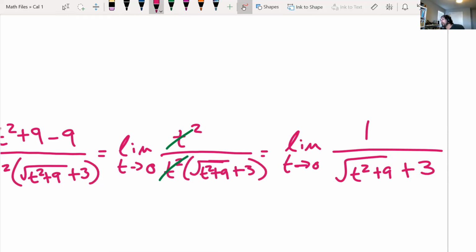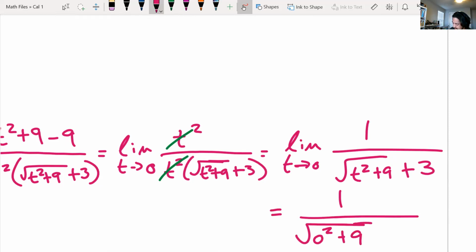And what number can we plug in now for t? 0. So you'll get 1 over the square root of 0 squared plus 9 plus 3.